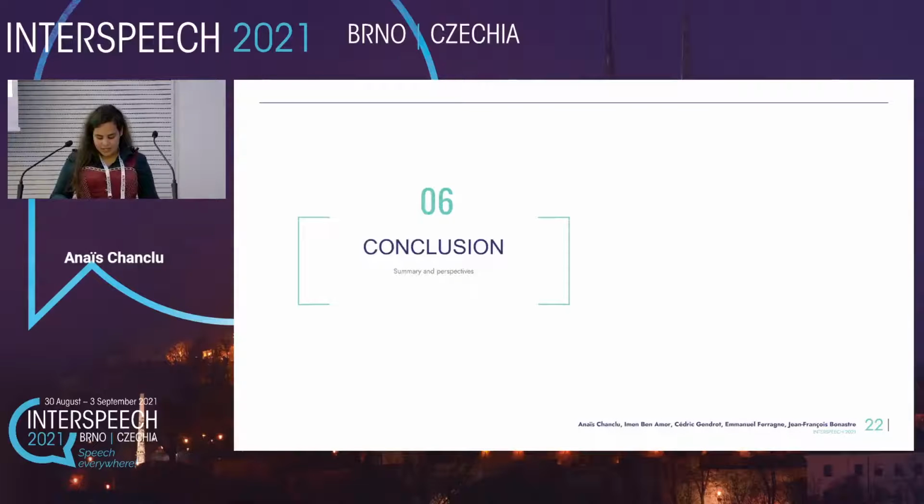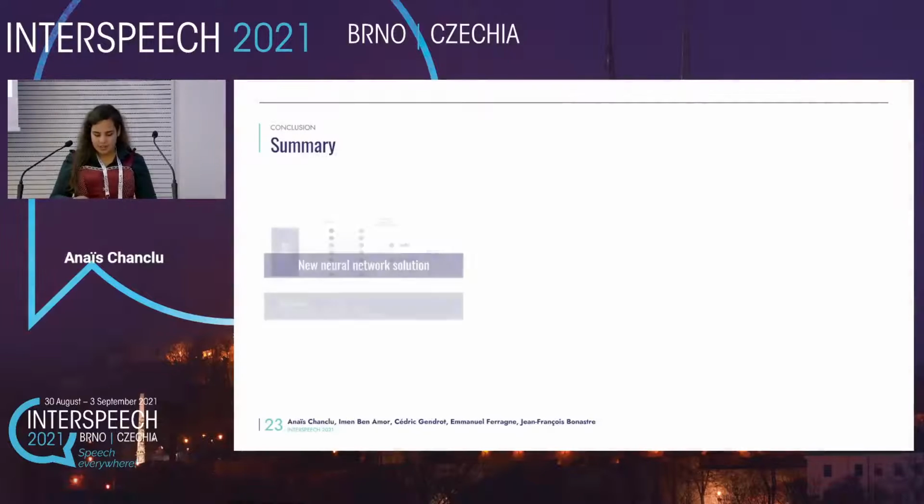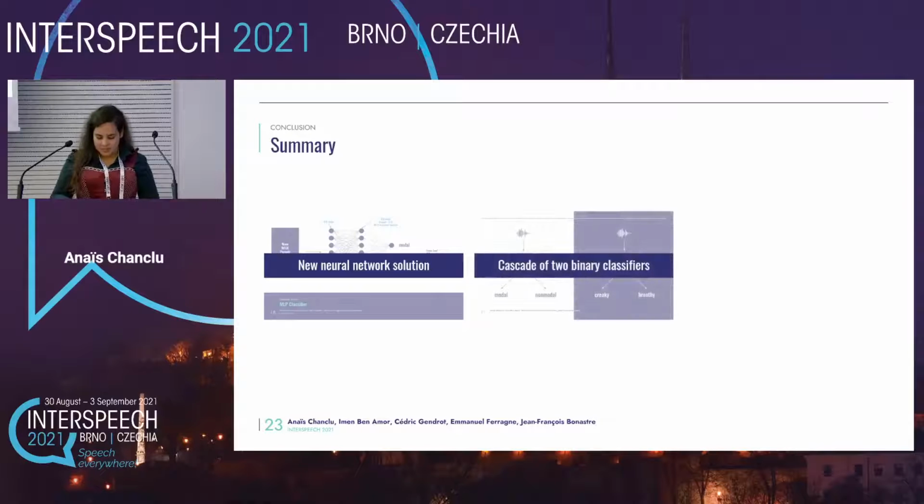And now we are reaching the conclusion. So to summarize, we defined a new neural network solution to automatically detect modal, creaky, and breathy frames on prolonged vowels. To do so, we implemented a cascade of 2 binary classifiers based on a representation learning approach for feature extraction, which is PACE, and a classical MLP for classification.